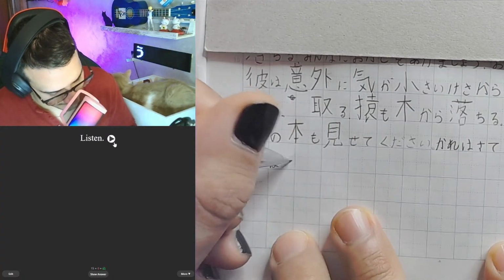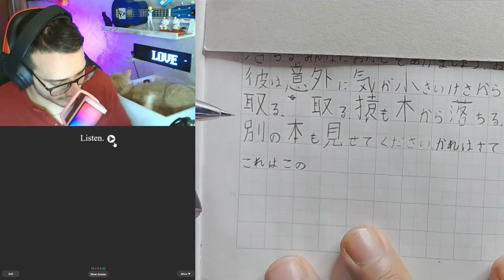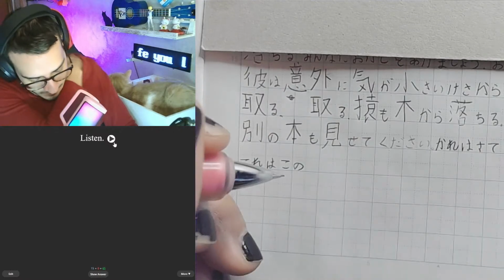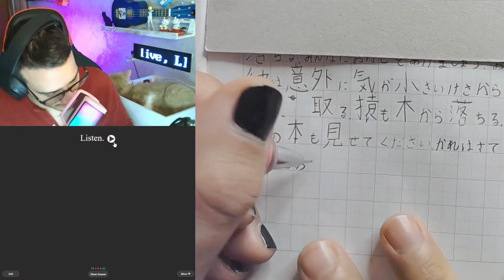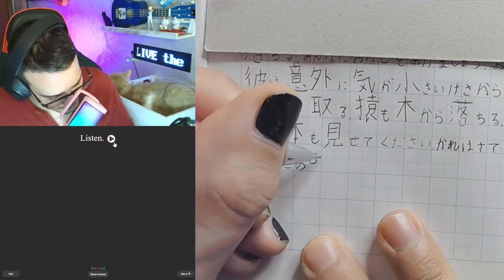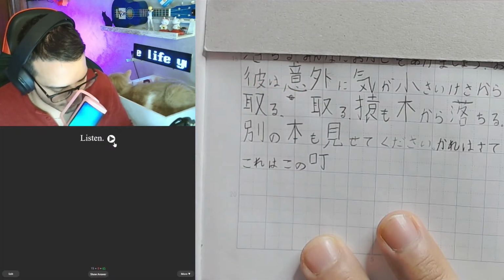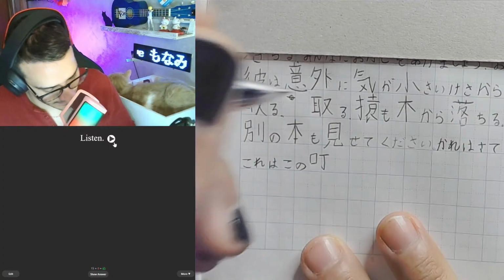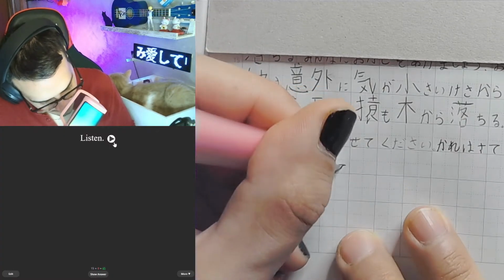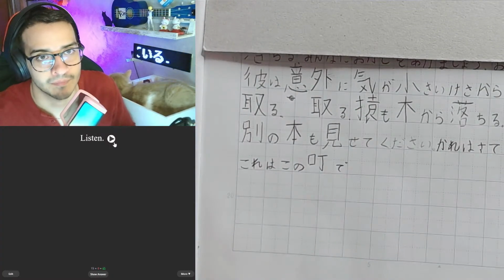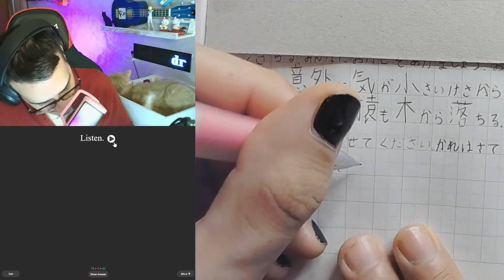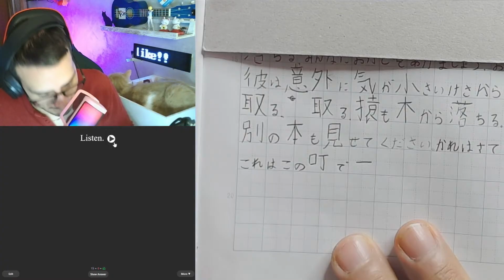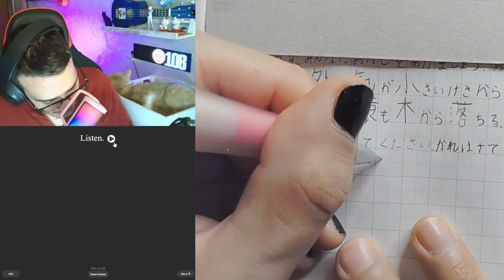これはこの町。町 is, I think it's mouth plus road. Or, no, I think it's mouth. この町で。これがこの町で一番高いビルです。一番. Ban I think is rice field.